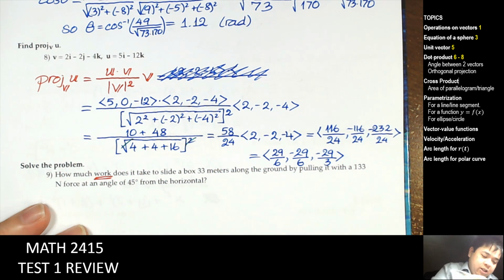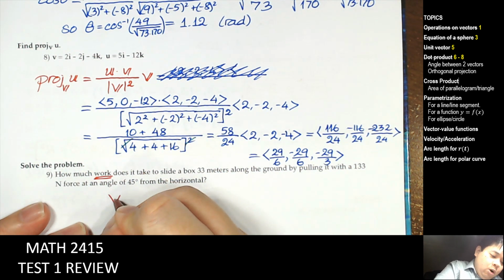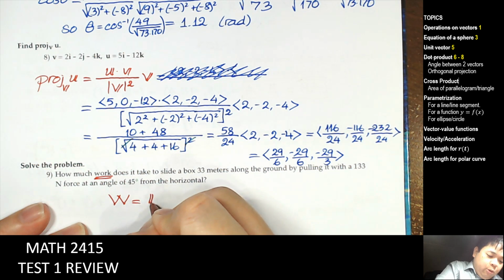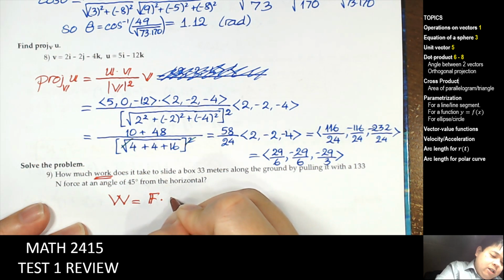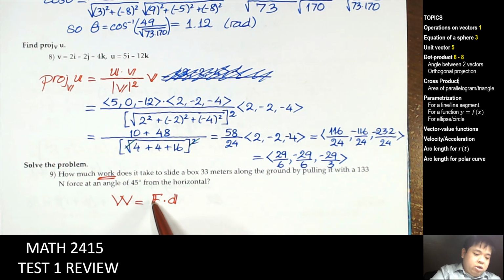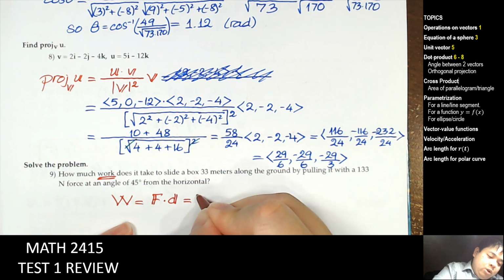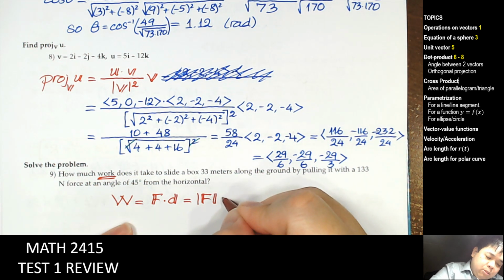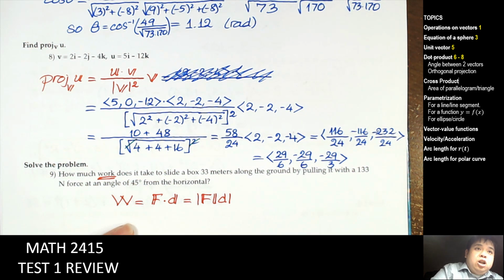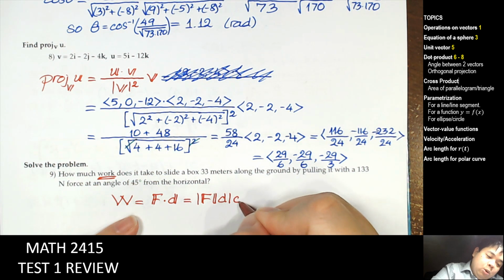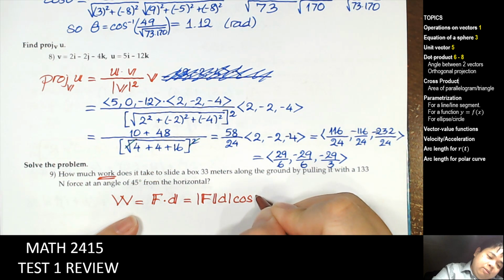All we have is the work is equal to the force dot the displacement, the force that moves an object in that direction, which is the force magnitude times the magnitude of the displacement vector, and then the cosine of the angle between them.